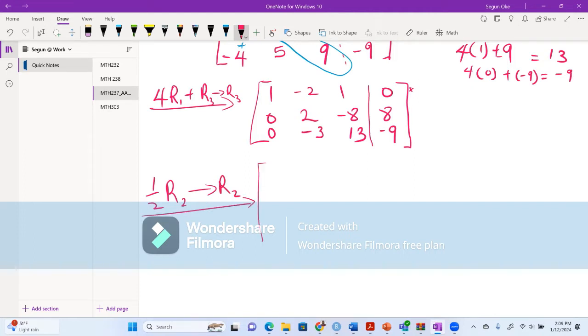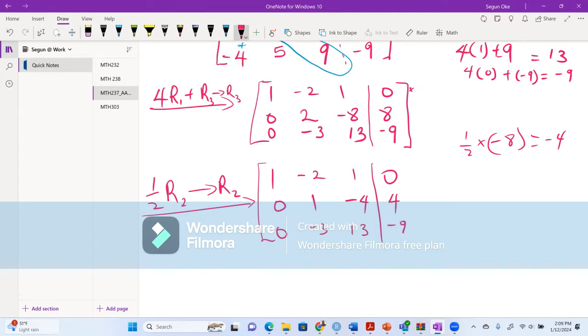Please take notes. It's going to be 1, negative 2, 1, 0. When we divide this by 2, we get 0, 1, then 1 over 2 multiplied by negative 8 gives negative 4, then 4. The remaining one is 0, negative 3, 13, negative 9.